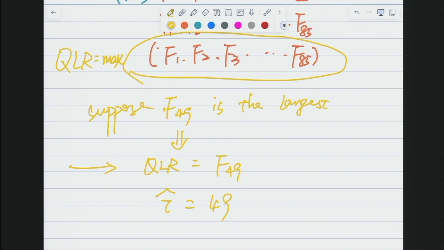I want to find where we have the largest F statistic, and that happens at the date 1993 Q1, which gives the largest F statistic with a value of 14.08. And this largest F statistic is essentially the value of the QLR test statistic. So the QLR test statistic is 14.08, okay?